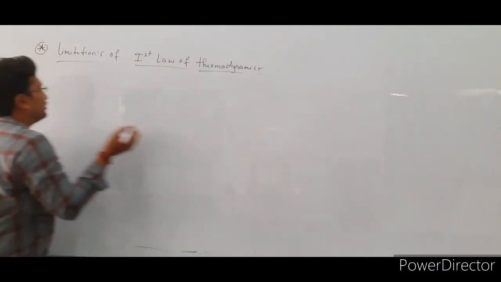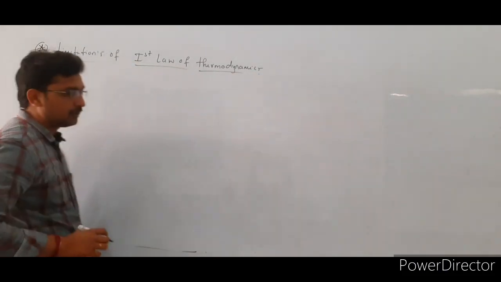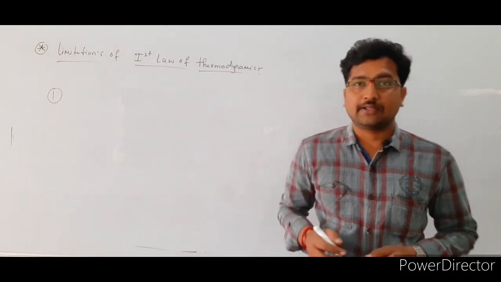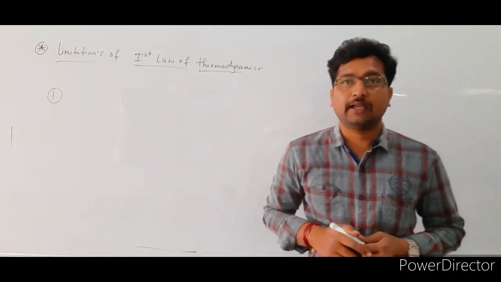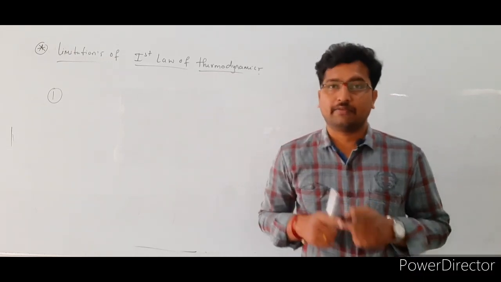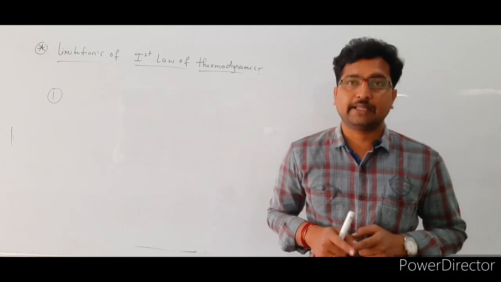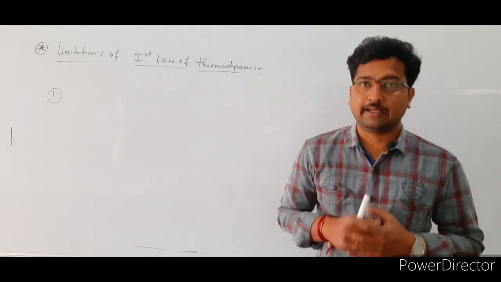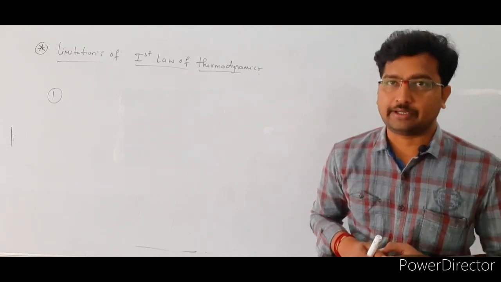What are the limitations? The first limitation is that it does not tell us the direction of heat. So the first point is that it does not tell us about the direction of heat.